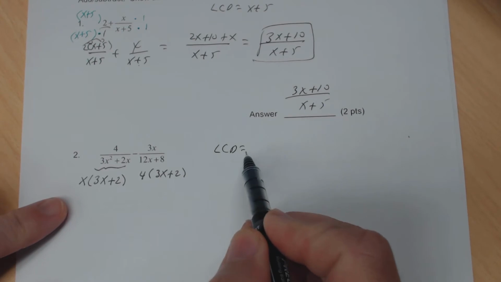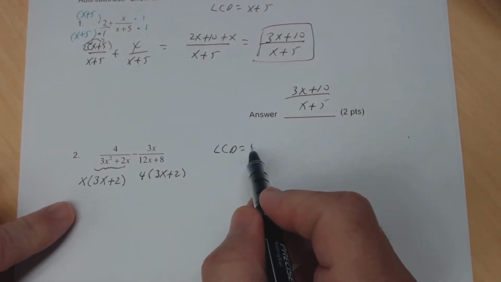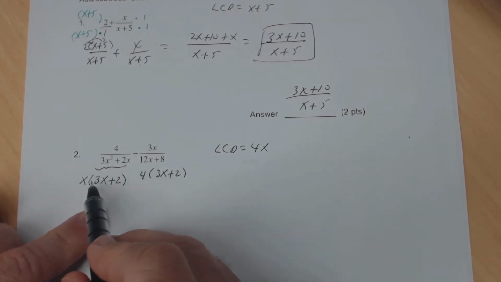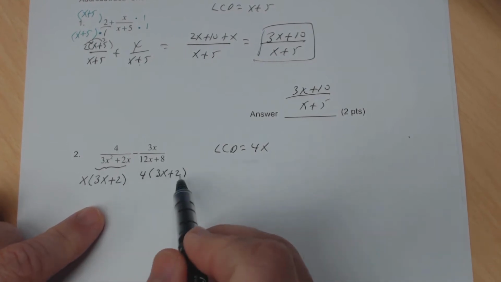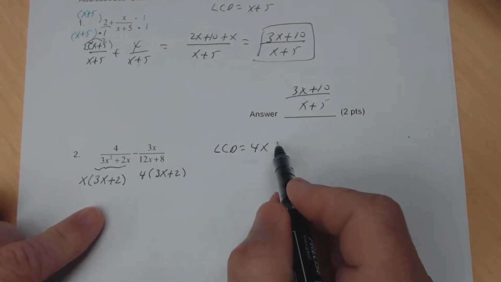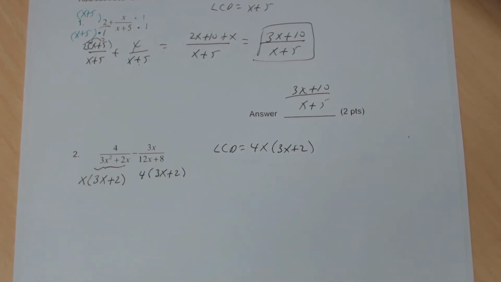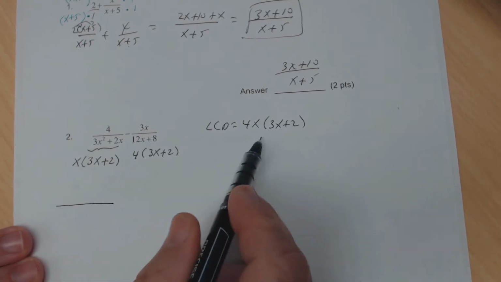So in terms of the LCD, in terms of your monomials first, x and 4, I'm going to end up getting 4x in my LCD. This factor is 3x plus 2. There's only one factor here. Remember your exponent. One factor here, so I just need 1. So there's your LCD.